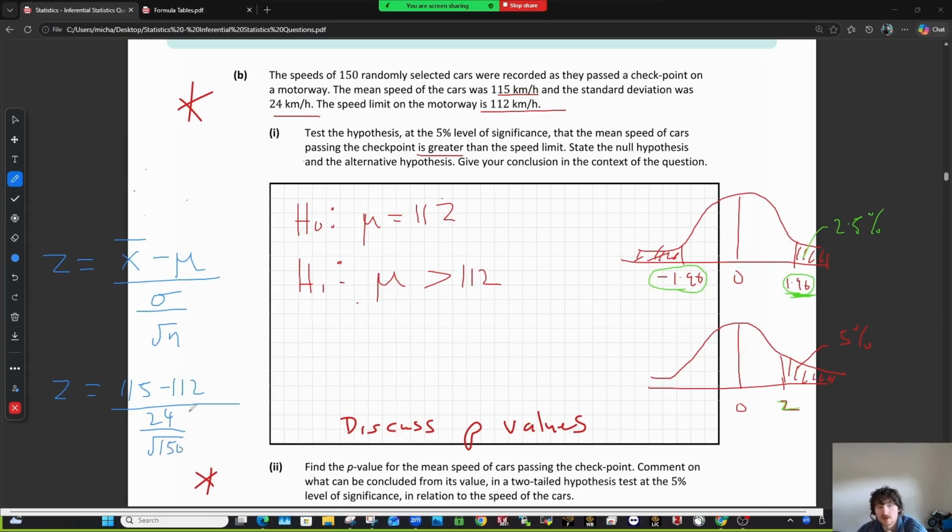But it did have a large sample size. Okay, so let's type that into the calculator. 24 over root 150. So I get a z-score here of 1.53. Yeah, remember 2 decimal places we want on that.